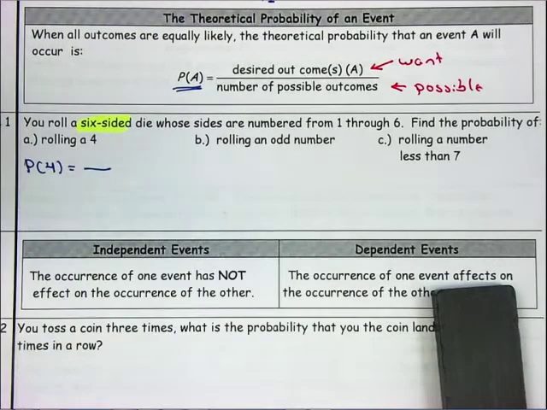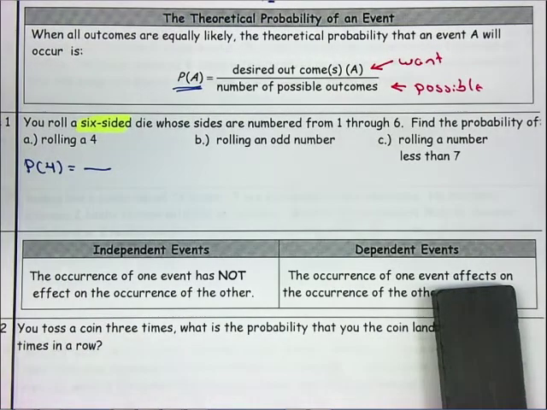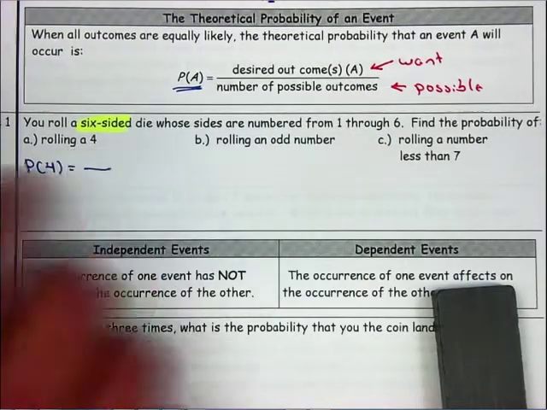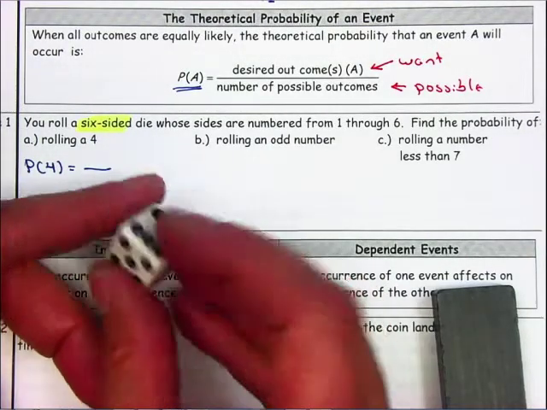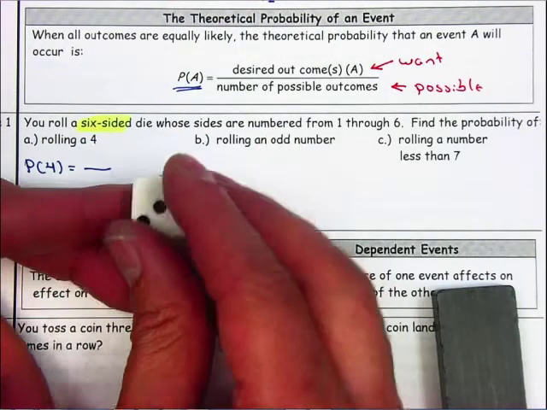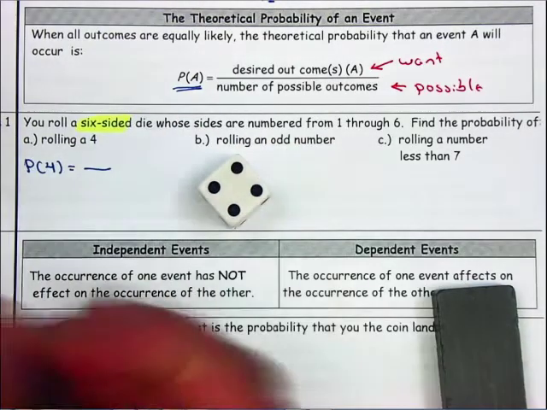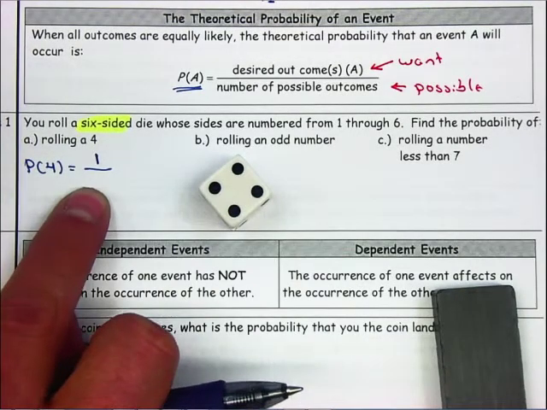Probability should end up with a fraction. On the numerator is what you want. You want a 4. So let's see, how many 4s are on the die? Where is it? That's right, there's only one 4. That's what you want. Now the denominator is what's possible.